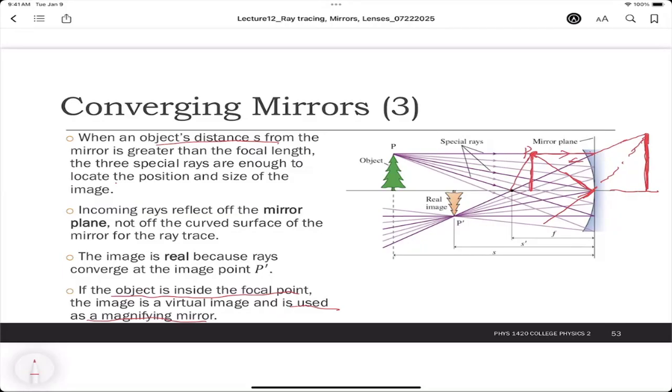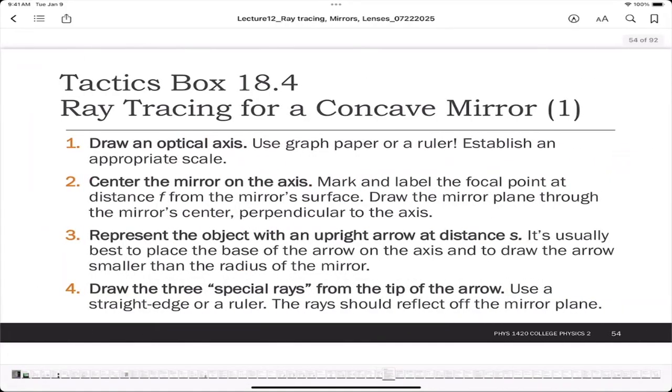Okay, let's continue. This is how to do ray tracing for a concave mirror. Actually, it's similar to ray tracing for the converging lens and the diverging lens. The first step is to draw an optical axis.